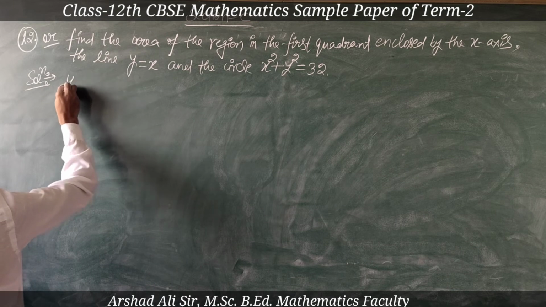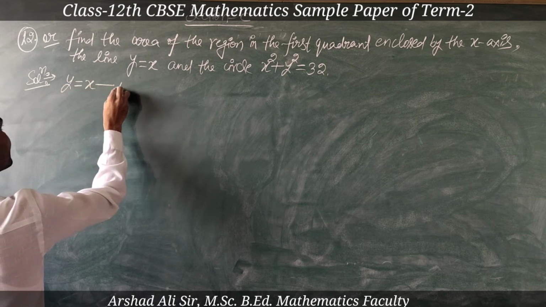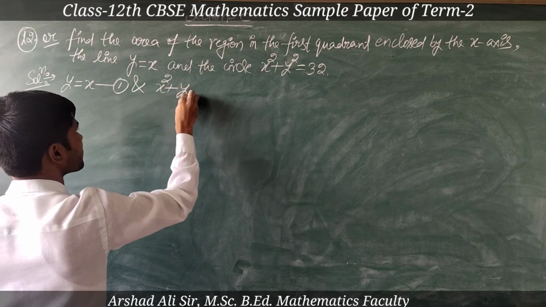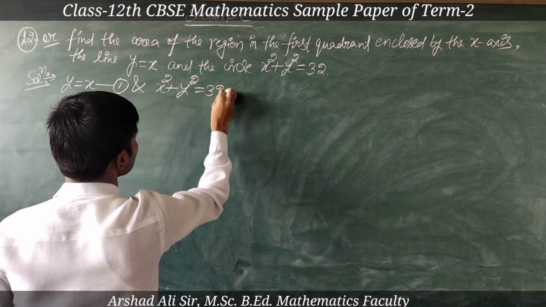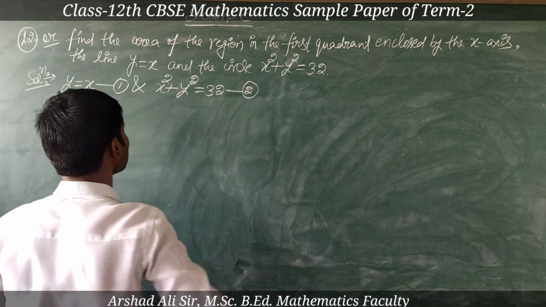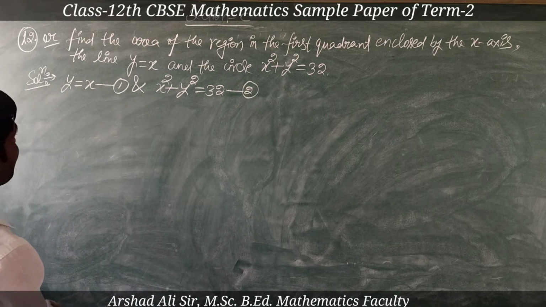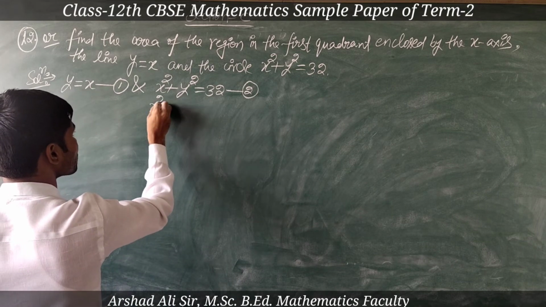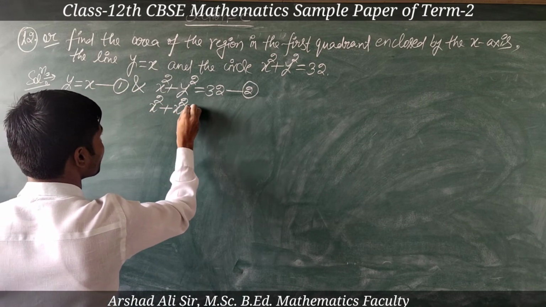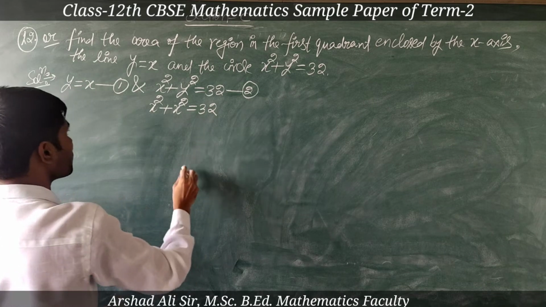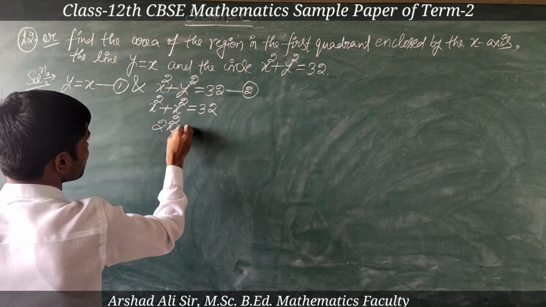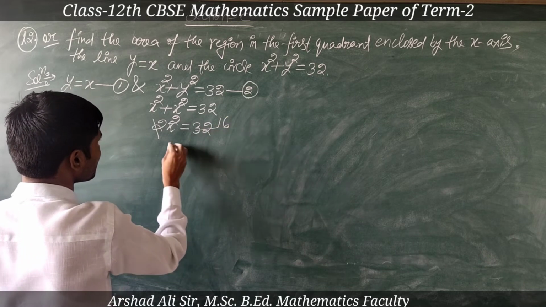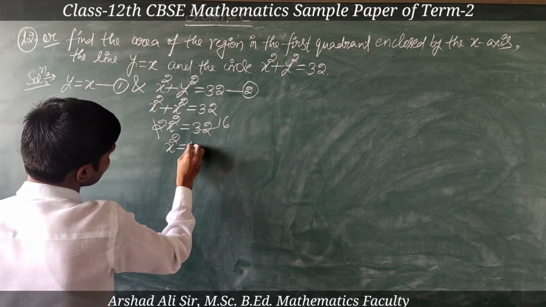So y is equal to x, suppose it is equation number 1, and x square plus y square is equal to 32, suppose it is equation number 2. So we can put y is equal to x in equation number 2. x square plus x square is equal to 32. 2x square is equal to 32. x square is equal to 16.